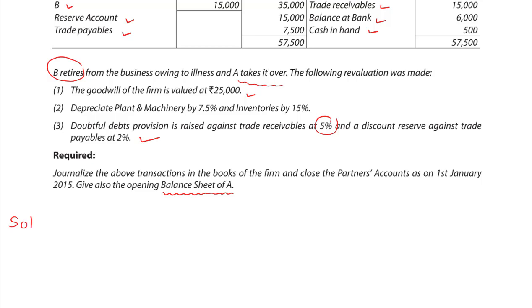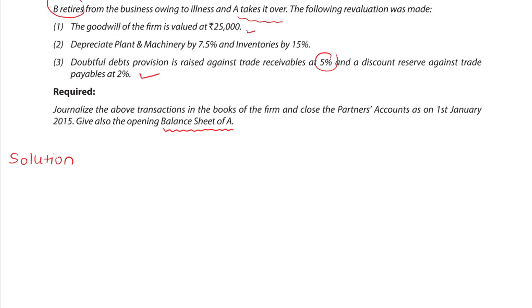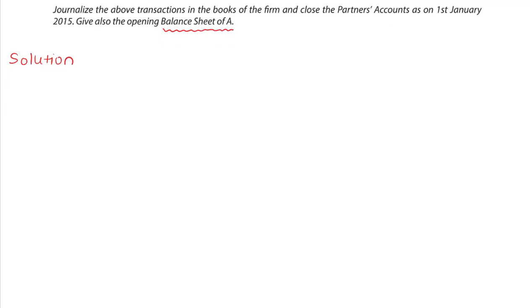Solution. We need to pass journal entries.